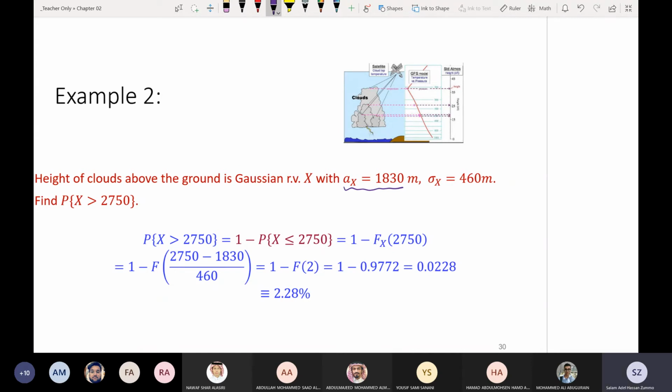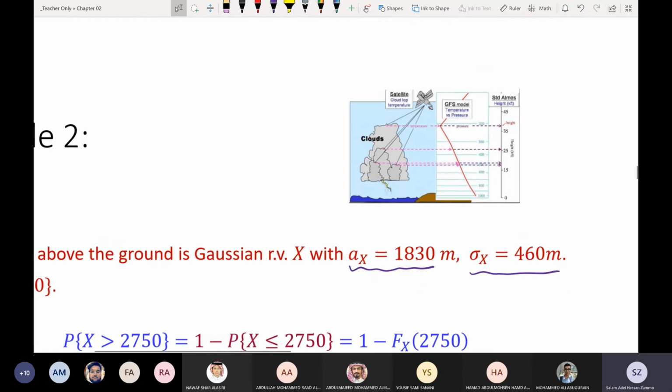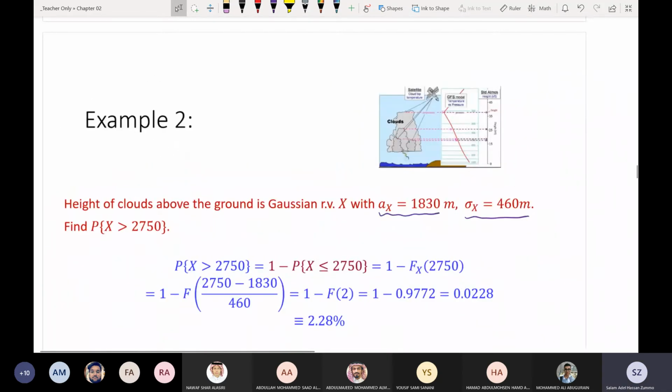So average حق السحب فوق السماء, الهايت حقها is 1830 meters, and the standard deviation is 460 meters. يعني لو تشوفوا الكلاود كذا شكلها. اوكي، الافريج حقها, الارتفاع حقها is 1830 meters, and the standard deviation is 460.